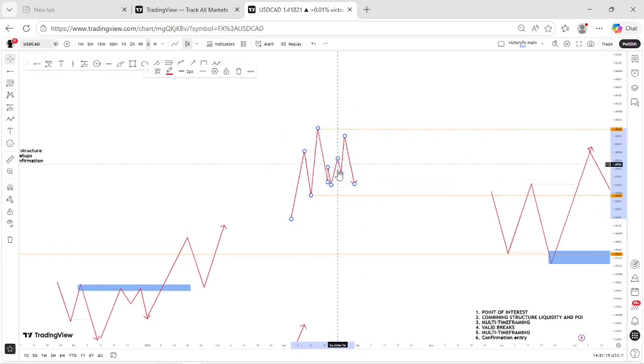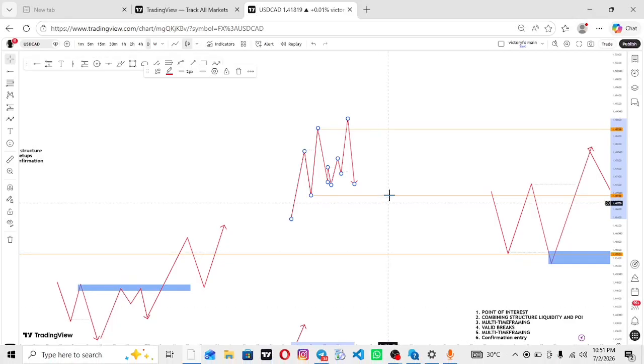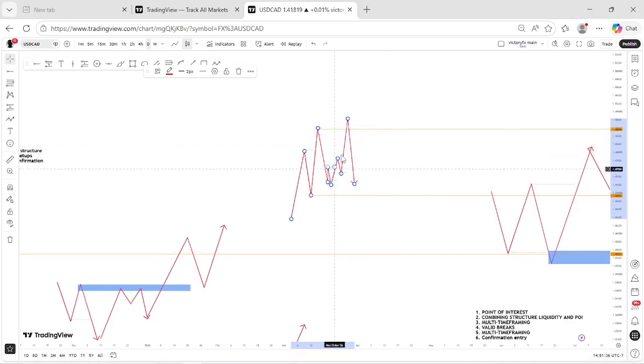There has not been any momentum change in the market to determine the bias or direction of the 4 hours time frame, or the hourly time frame, or the 2 hour time frame. I don't know the time frame I'm using, but there has not been any momentum change in the direction, depending on the time frame that you are using. So I will be interested if price broke structure like this.